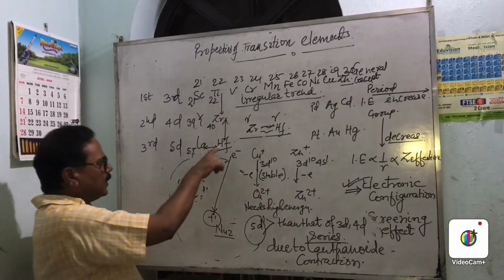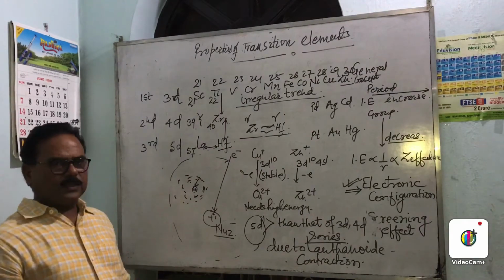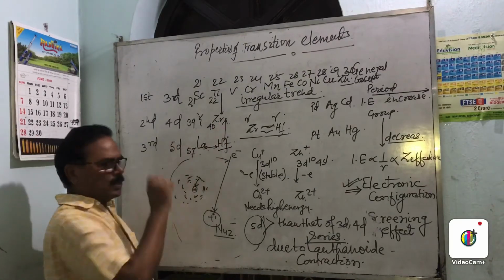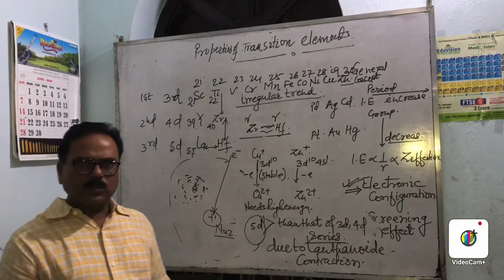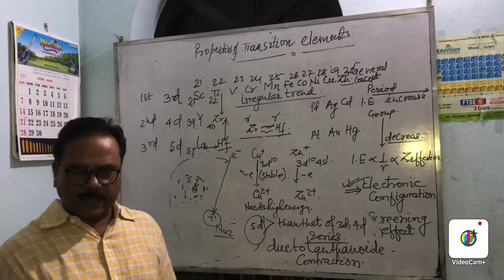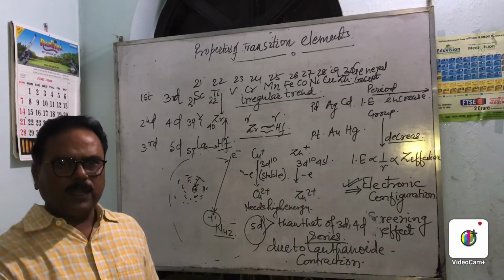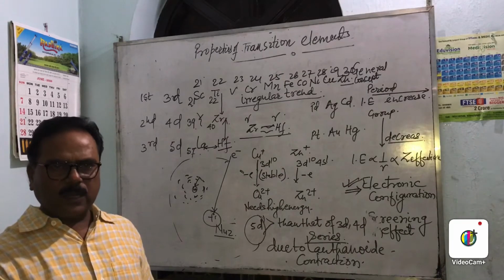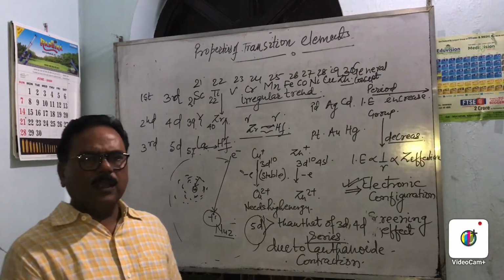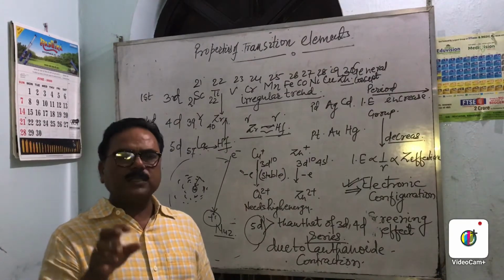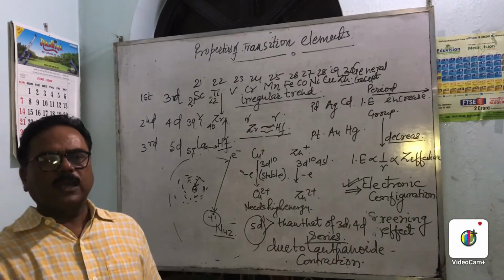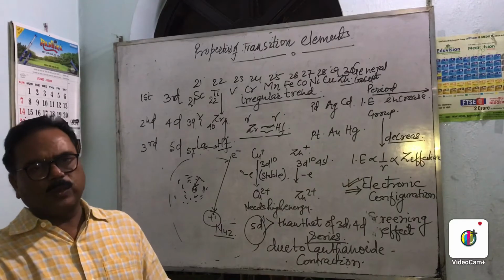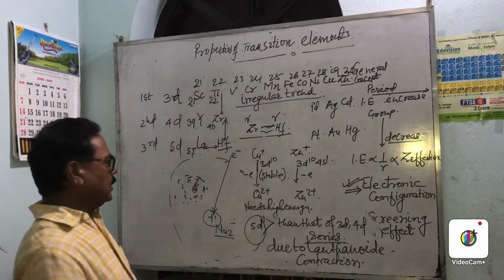Hafnium will have higher ionization energy than zirconium, although its radius is almost the same, because of the lanthanoid contraction: the electron enters into the f subshell, which is much more diffused, meaning it has poor shielding, so the increased nuclear charge attracts the electron and its ionization energy increases.